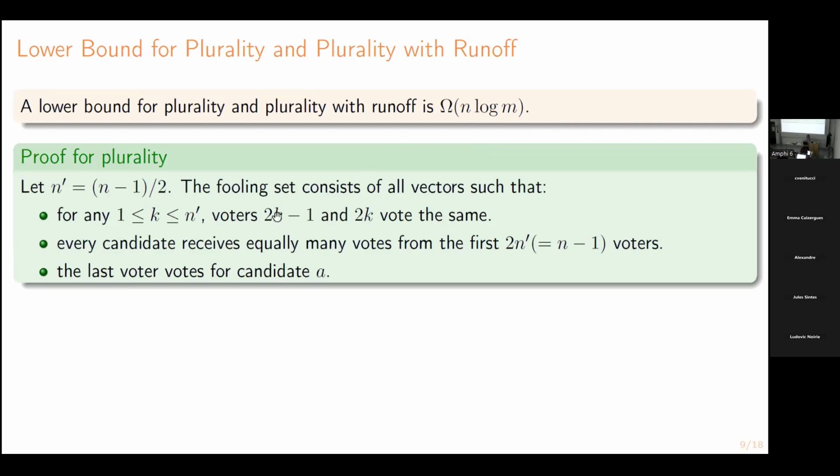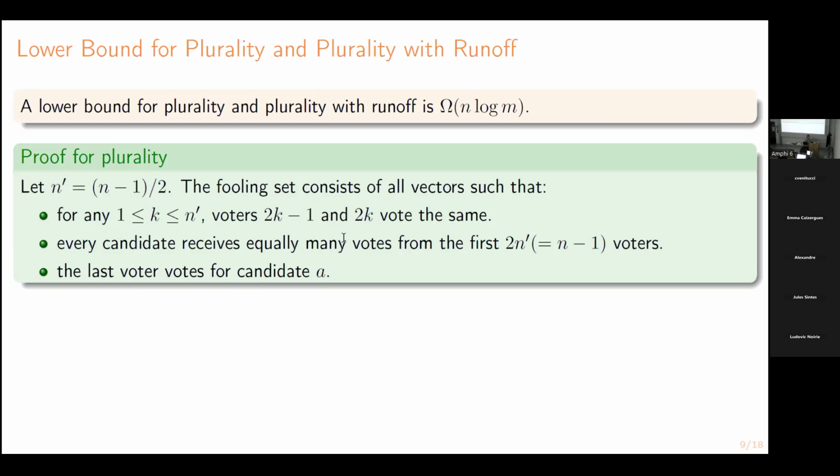Okay, so is everyone convinced that every vector gives A when we apply plurality? And so now you need to find two vectors such that if you mix them, it's not going to give A. Because these are vectors, there exists an index K where they disagree on the candidates, so where 2K minus 1 and 2K will disagree in both vectors.